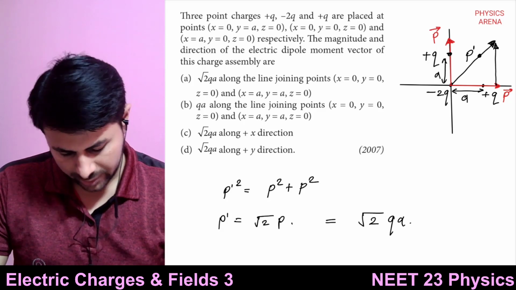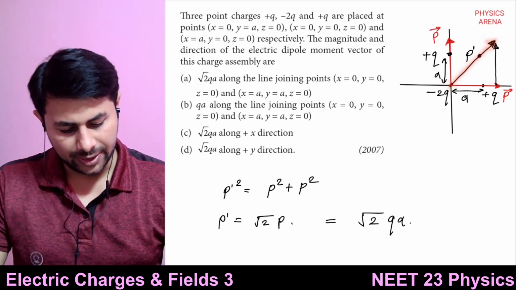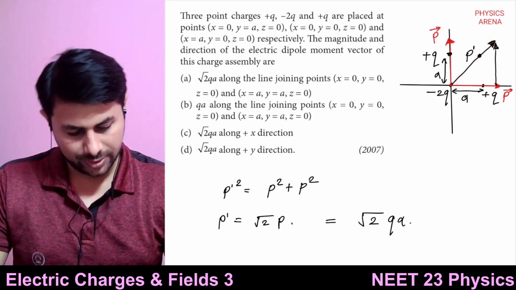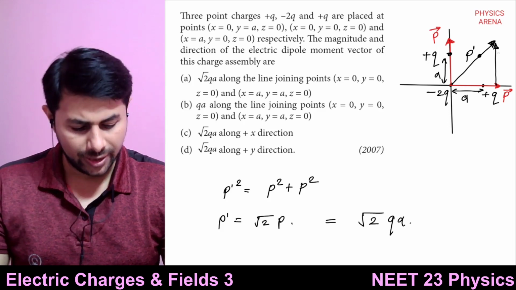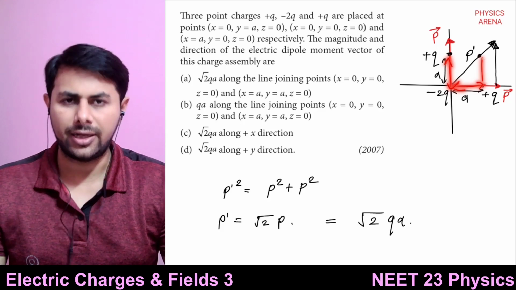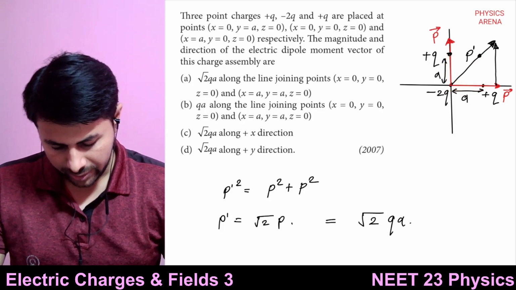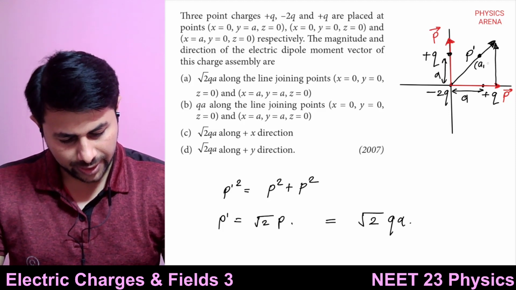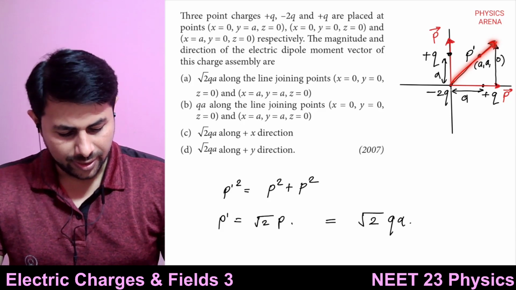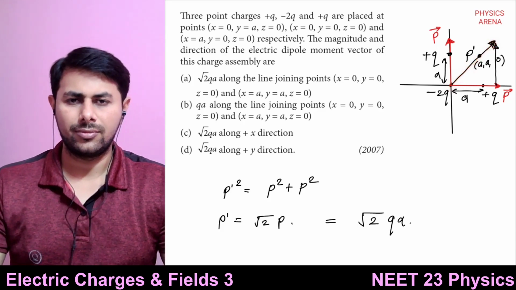So this dipole moment would be directed in this direction, right? Along this line. What are the coordinates of this point? If we think about the xy plane only, the x coordinate is a and the y coordinate is also a, and the z coordinate is anyway 0, right? So in what direction is it directed? From 0 0 0 to a a 0.